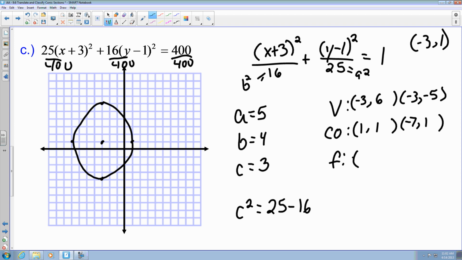And the last thing is the foci, and that's going to be 3 units up and down, because it always goes along with the major axis. So this becomes -3 comma 4, and -3 comma -2. Okay.